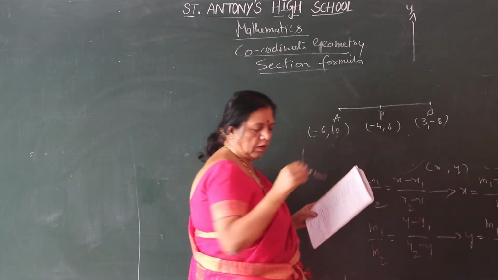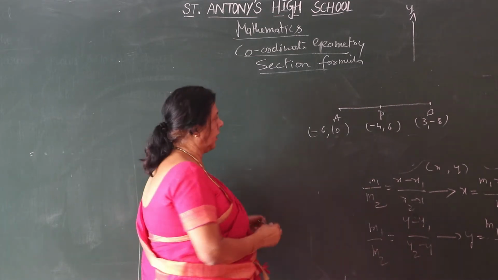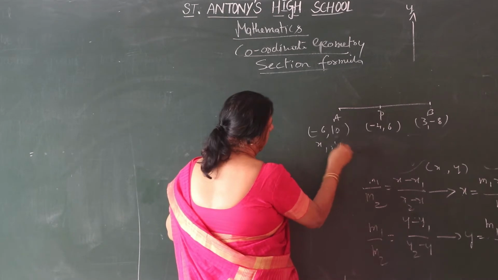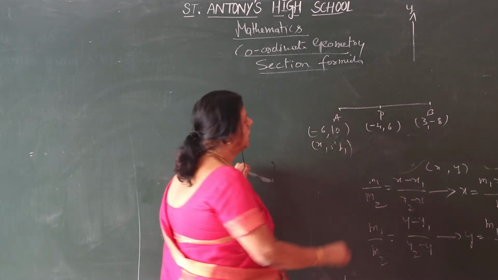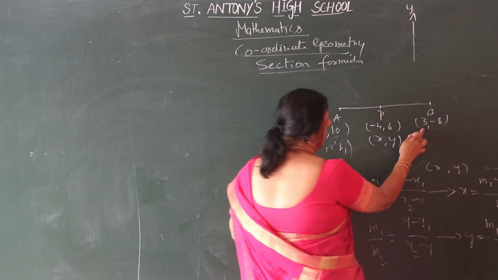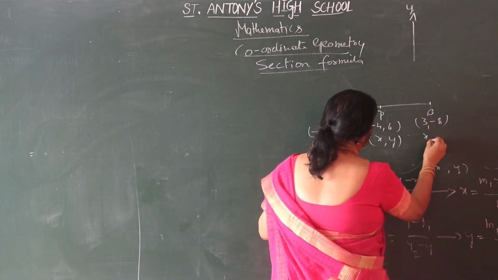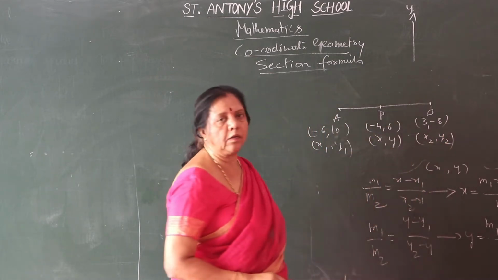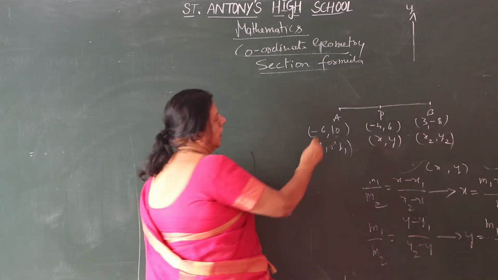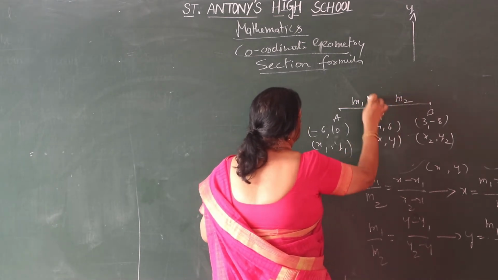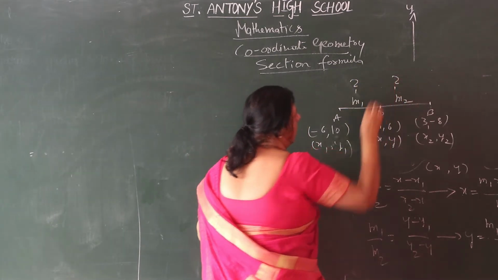Mark the coordinates on that. This is x1 comma y1, this is x comma y, and this is x2 comma y2. Got it, children? But here m1 is to m2 we don't know. Question mark.